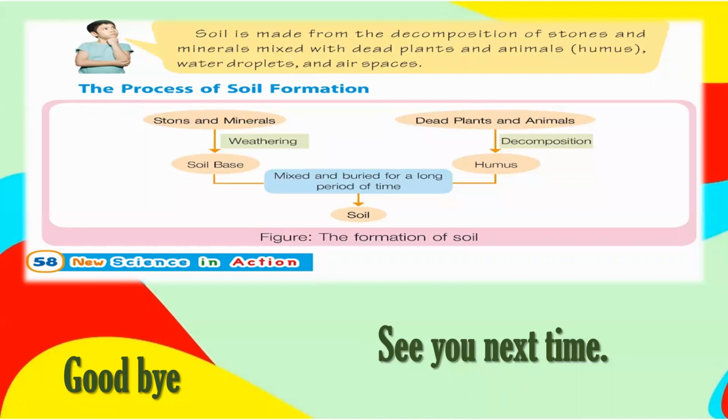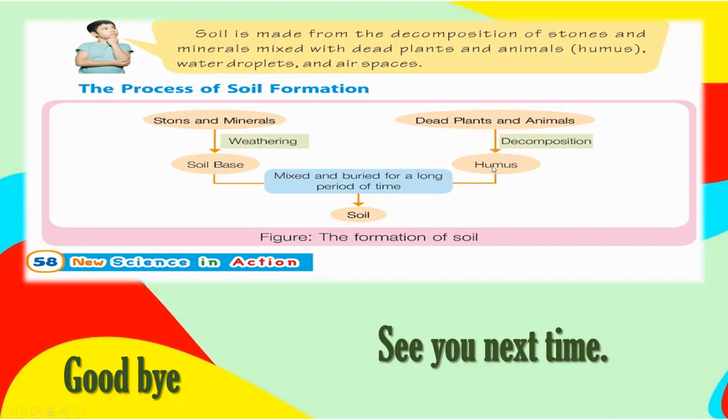So now, the process of soil formation. Here, this is the soil formation process. You can see here on the left side, you can see stones and minerals, right? Soil base, okay? They are weightier than dead plants and animals.